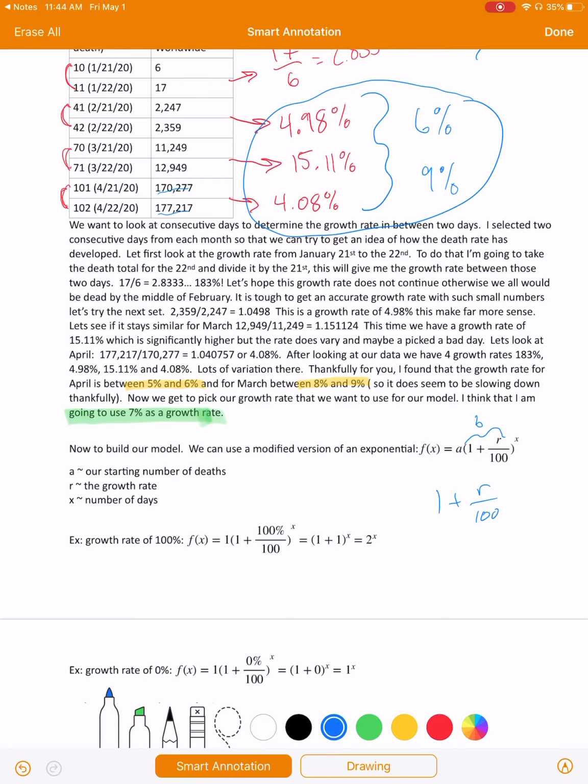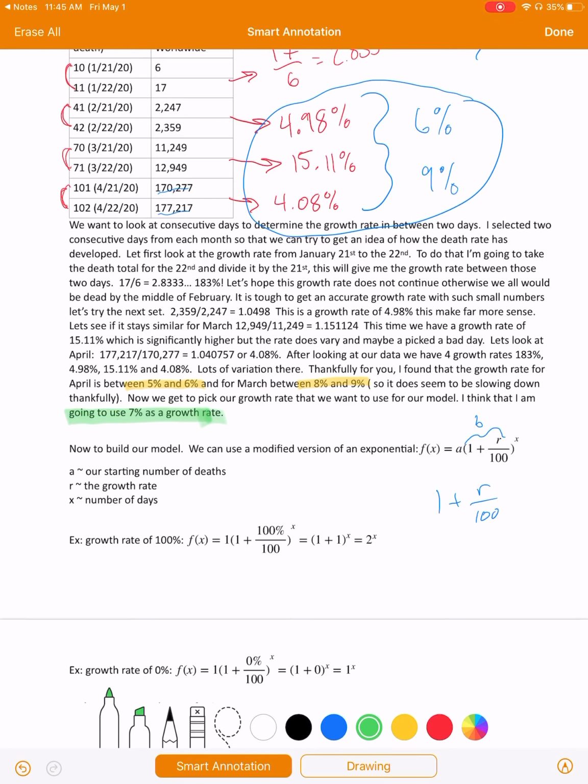So those additional deaths, that's what the r over 100 takes care of. And so the r over 100 is just my growth rate as a percent. So in this case, it's 7%, and then I'm dividing it by 100 because I want to put it into decimal form so that I can operate with it, right?